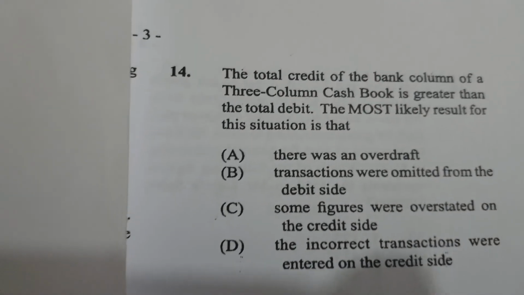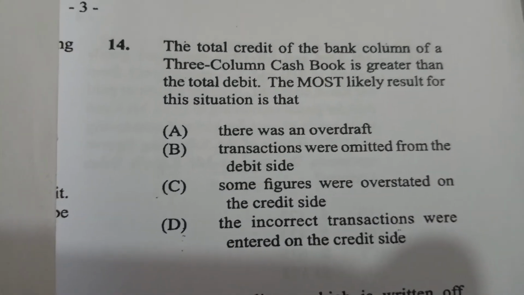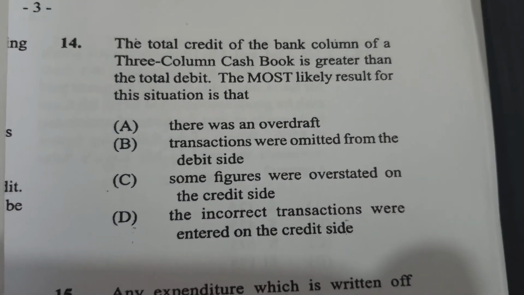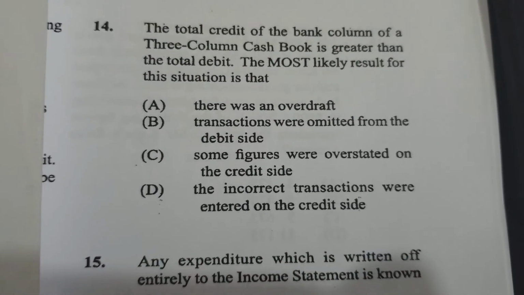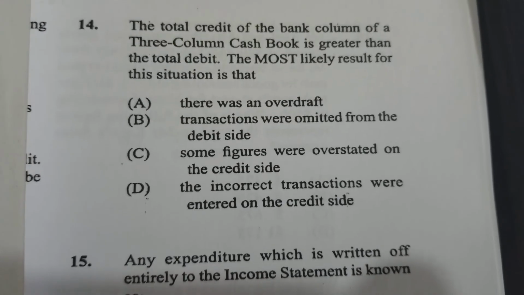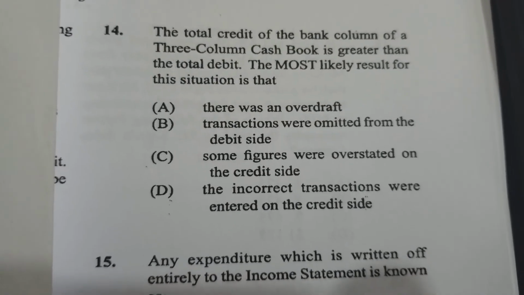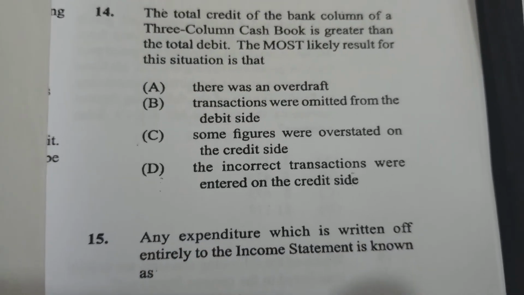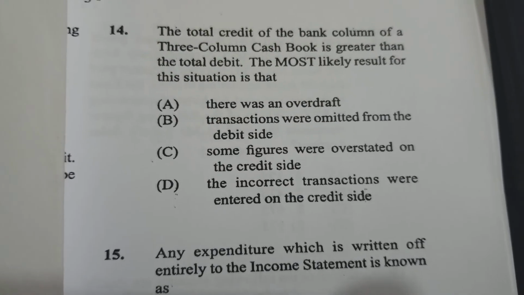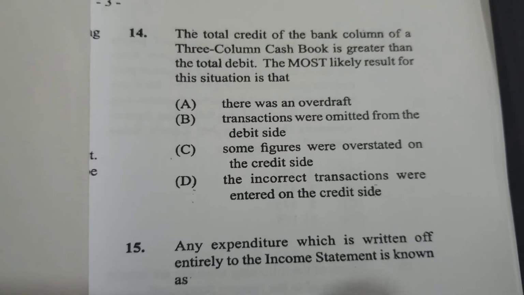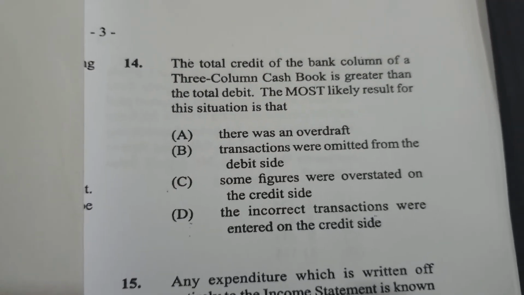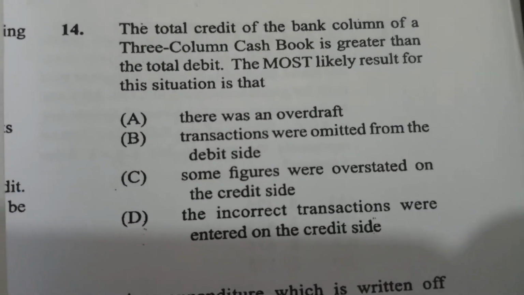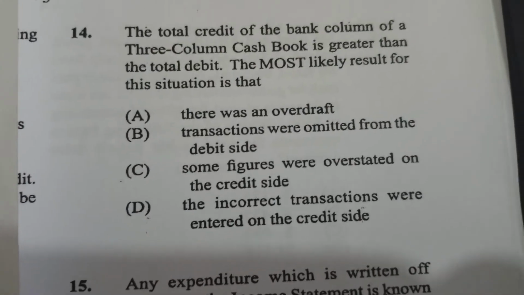All right, let's move on. Now we're at this question that says the total credit of the bank column of the 3-column cash book is greater than the total debit. The most likely result for this situation is that... let's go to what they're asking us, because it is by understanding the stem of the transaction that we can find the right answer.